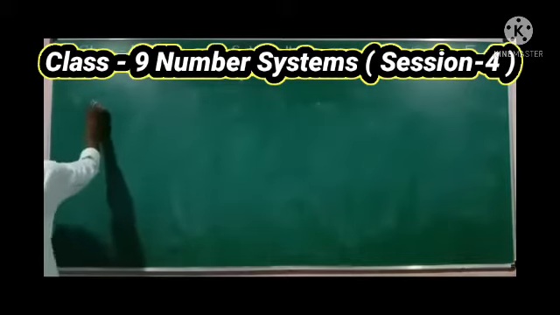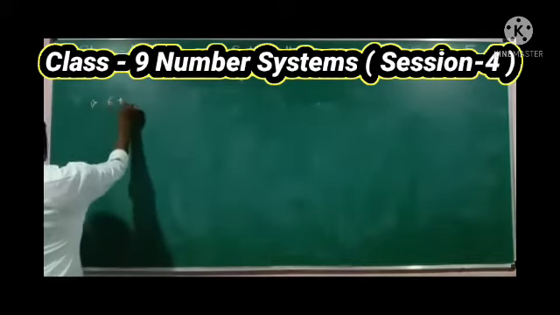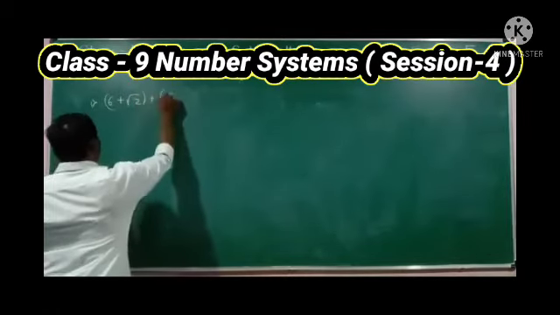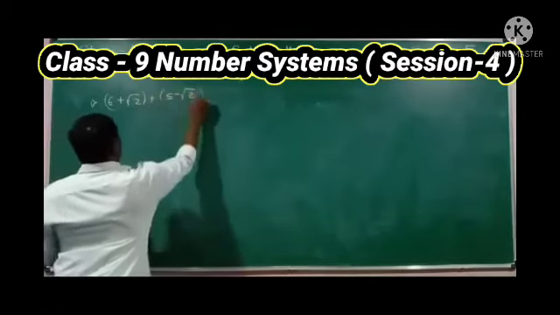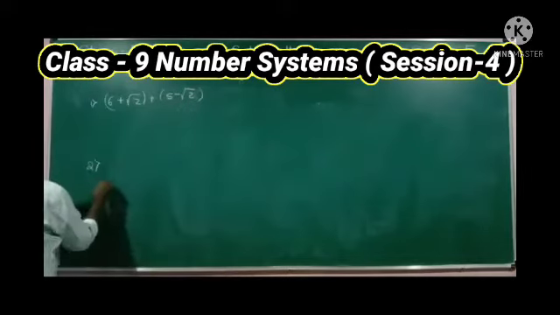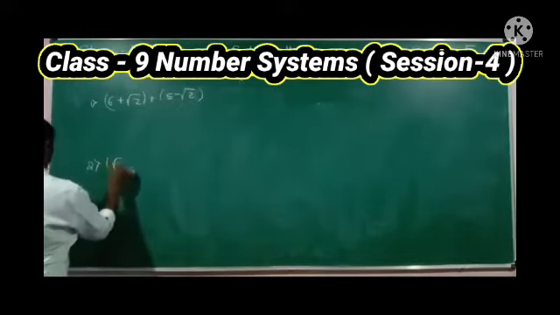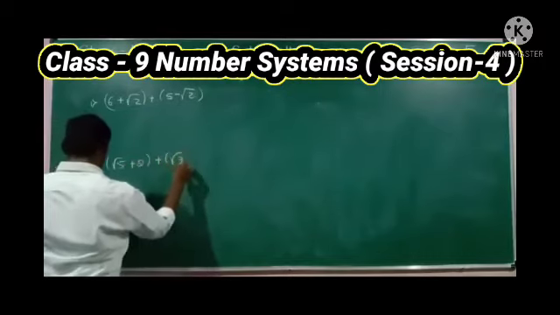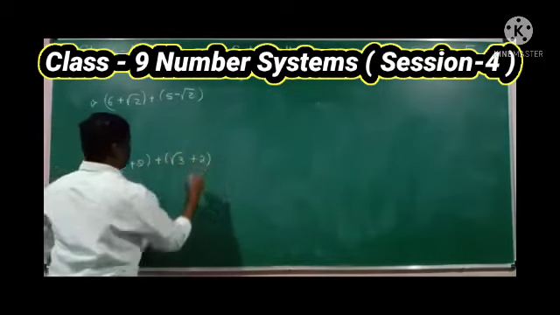For example, first one: 6 plus root 2 plus 5 minus root 2. Second one: root 5 plus 2 plus root 3 plus 2.